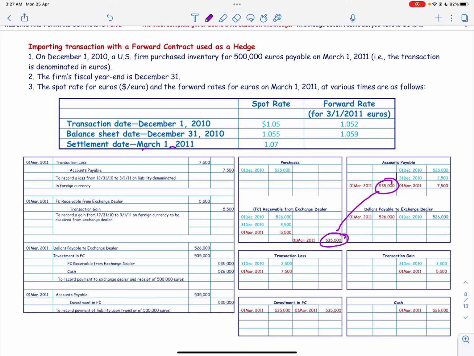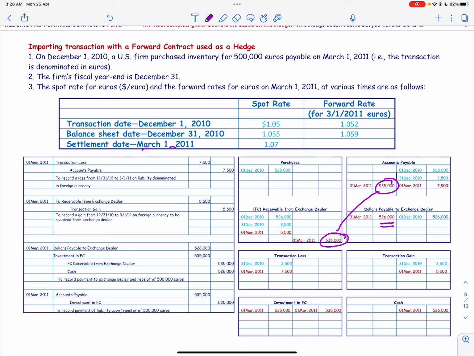The dollars payable to the dealer remains fixed, that is 526,000, and the reduction on the foreign currency payable. Also, the receivable is converted into the investment account in the foreign currency, representing the 500 euros already acquired in the forward contract.